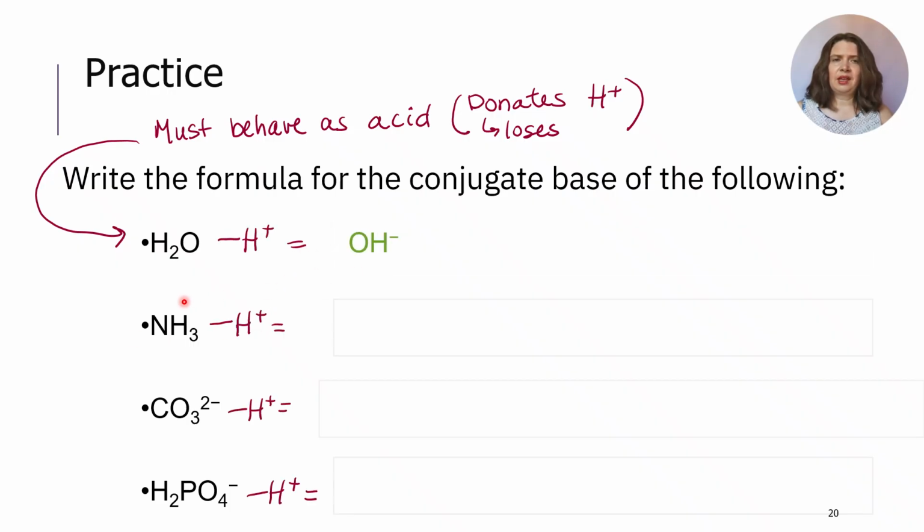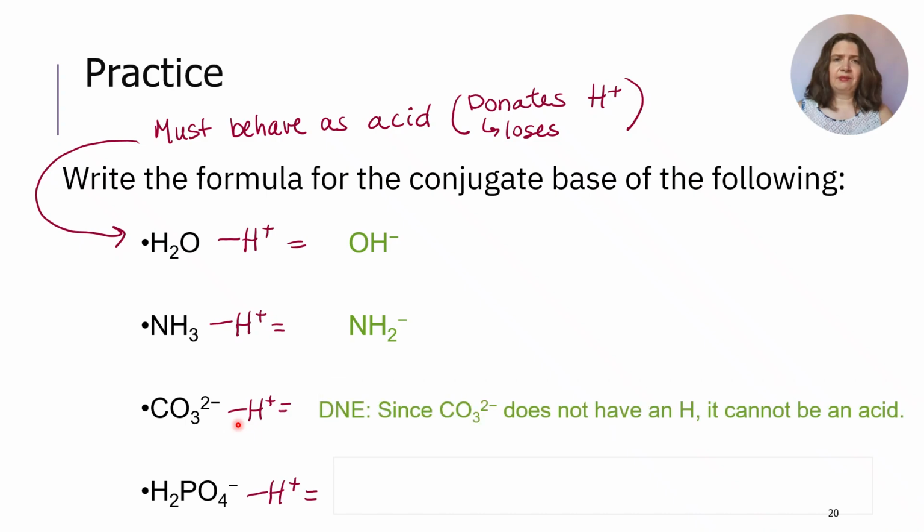The conjugate base of NH3 is NH2-. The carbonate ion, CO3 2-, has no hydrogen atoms to lose, so it does not have a conjugate base. Write DNE. The conjugate base of H2PO4- is HPO4 2-.